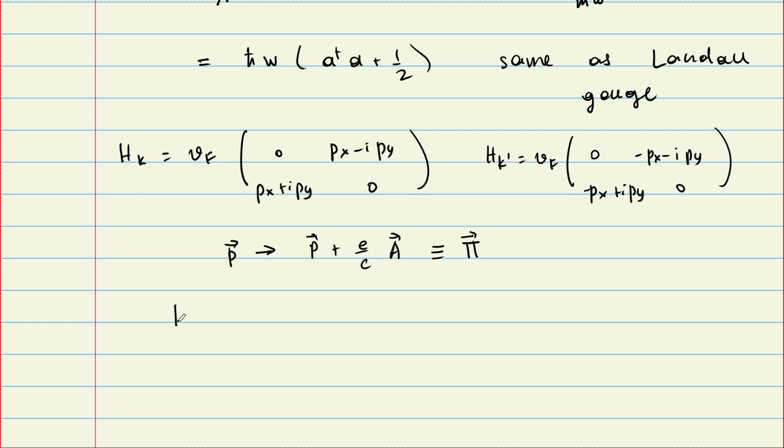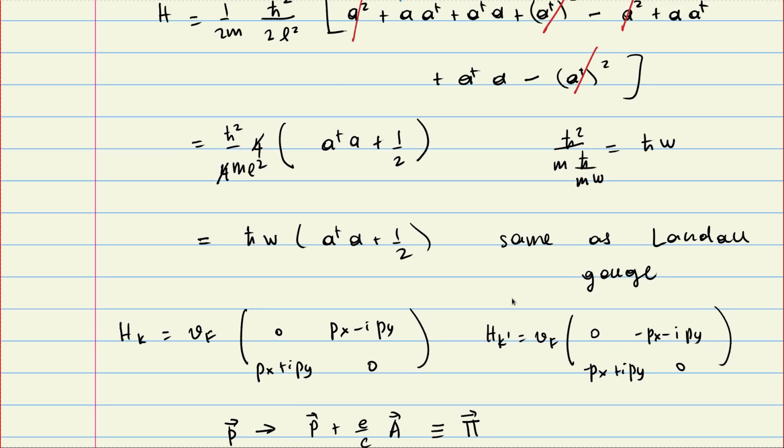Then hk is going to be V Fermi 0, pi x minus i pi y, and this is pi x plus i pi y, and 0.